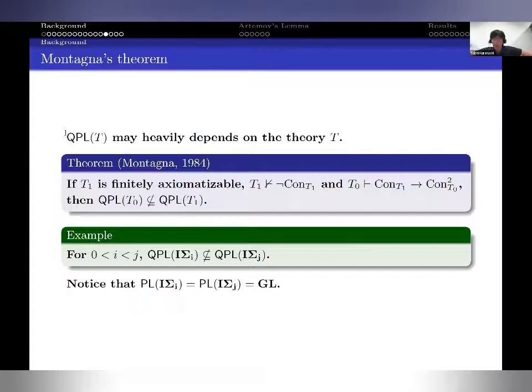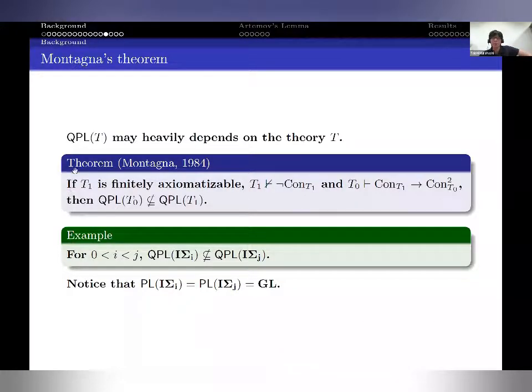Also, Montagna proved that QPL of T may heavily depend on the theory T. That is, he proved that if T1 is finitely axiomatizable, T1 does not prove the negation of the consistency of T1, and T0 proves Con T1 implies Con T0 too, then QPL of T0 is not included in QPL of T1.